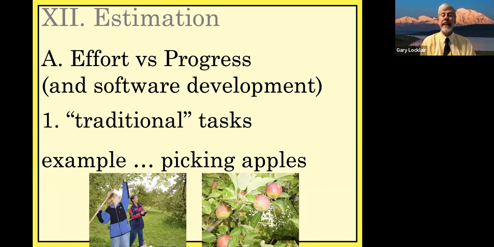Now you have 10 acres of apple trees and the crop is coming in and you can't wait 10 weeks. So if you hired more people to pick apples, would you get it done faster? Yes, right? If you had 10 people, you could say, you take that acre, you take that acre, you all do it in parallel simultaneously, and you're done in a week. Traditional tasks, effort and progress are related linearly.